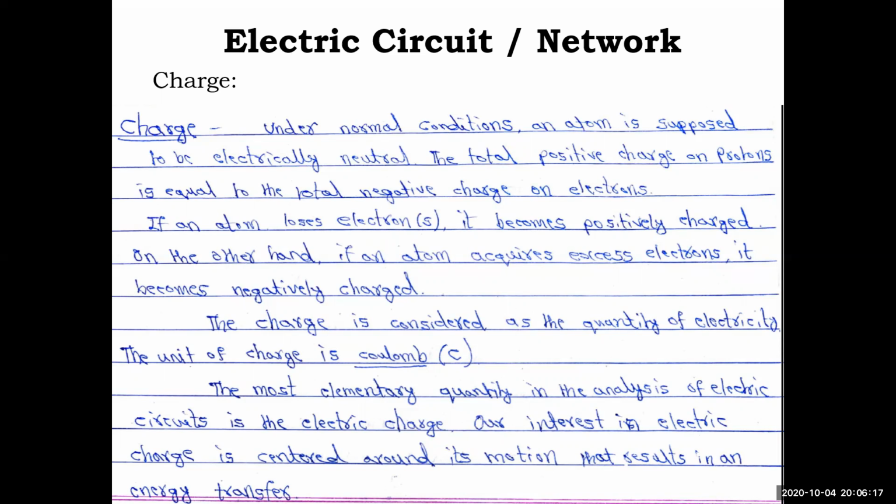This is the very basic elementary quantity. Our interest in electric charge is centered around its motion, which results in an energy transfer. In the very first electric circuit we said it is like a pipeline transferring charge from one point to another, which means an energy transfer is happening. So that is the concept of charge.